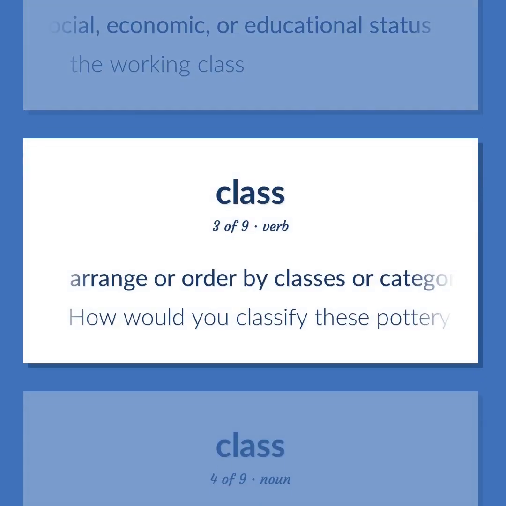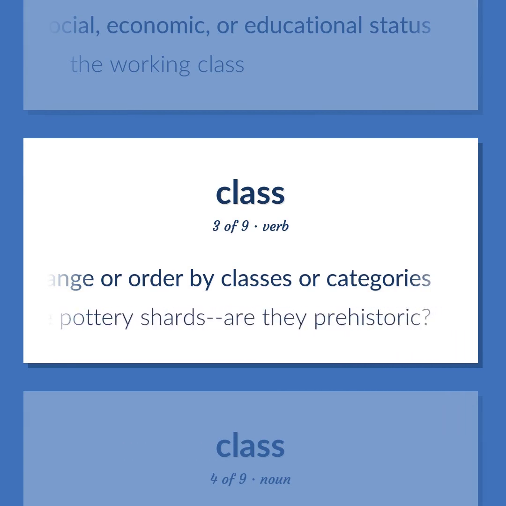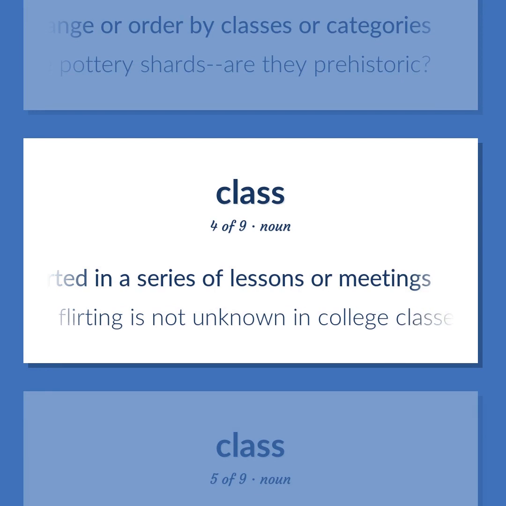Arrange or order by classes or categories. How would you classify these pottery shards? Are they prehistoric? Education imparted in a series of lessons or meetings. Flirting is not unknown in college classes.